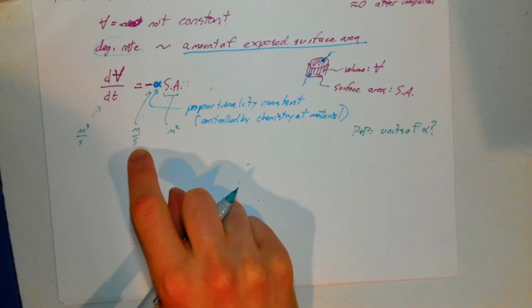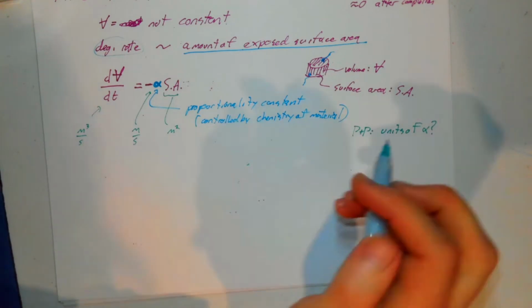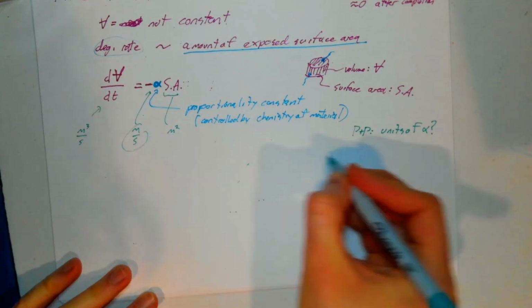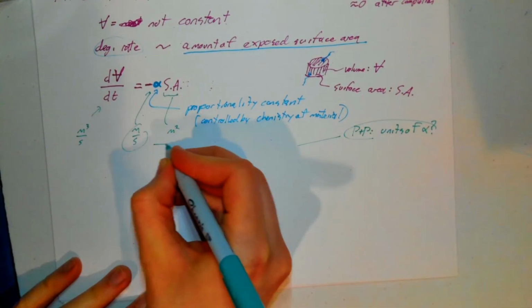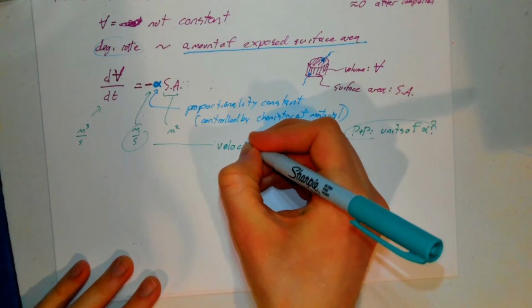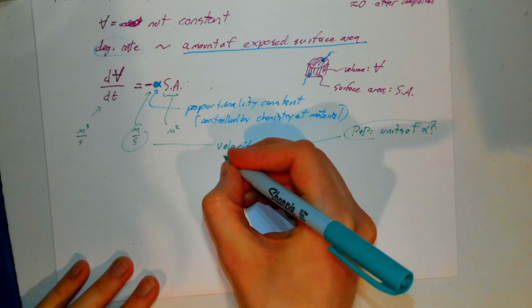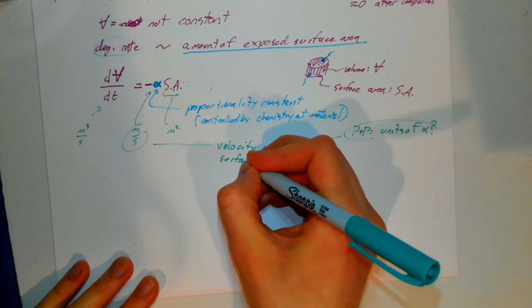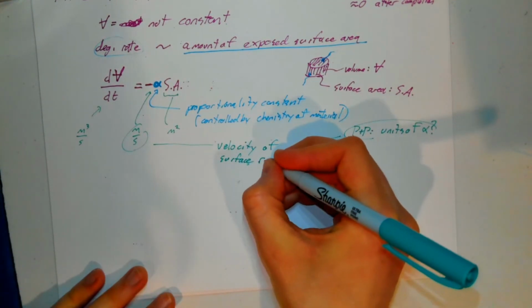What else has units of meters per second? Well, you can think of alpha as essentially like a velocity of the surface receding.